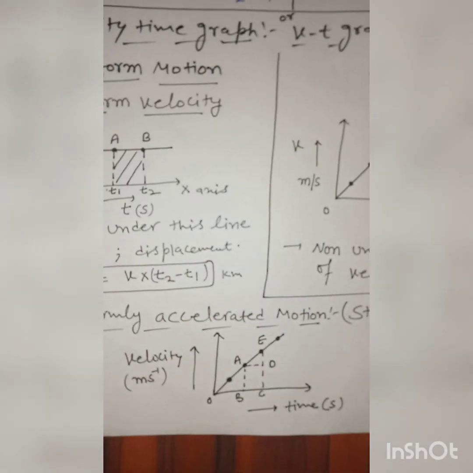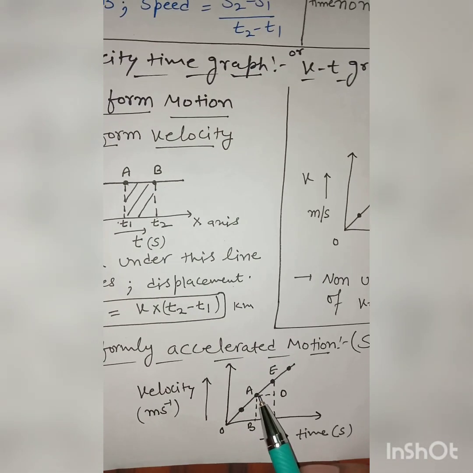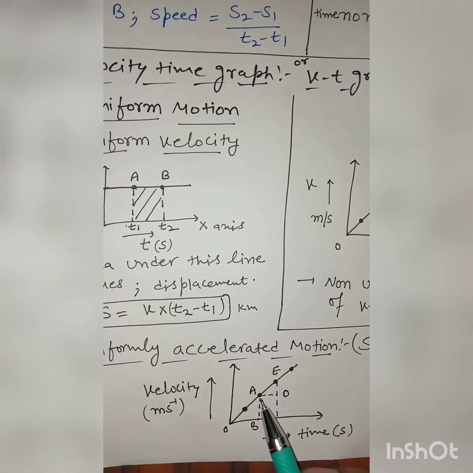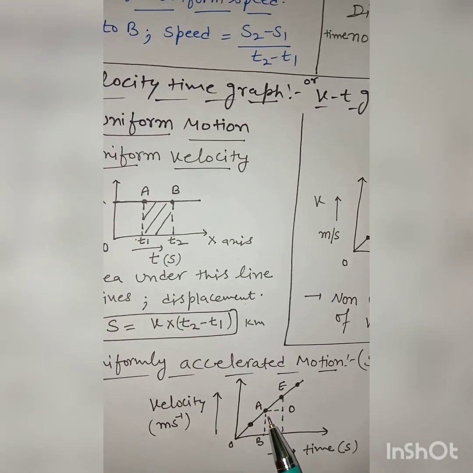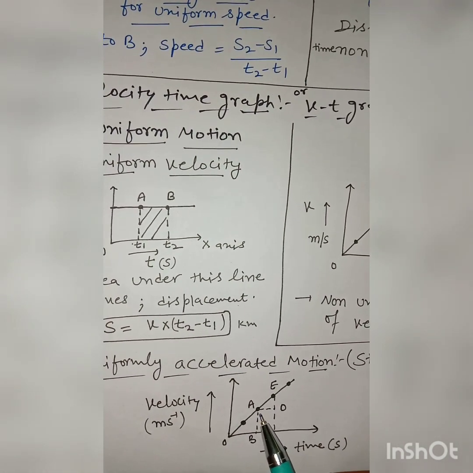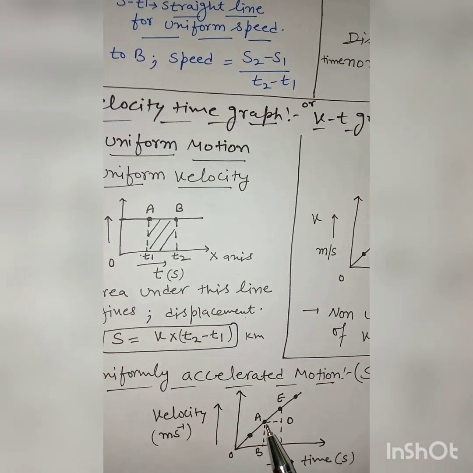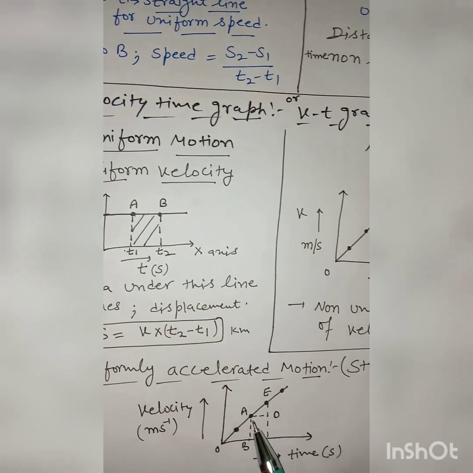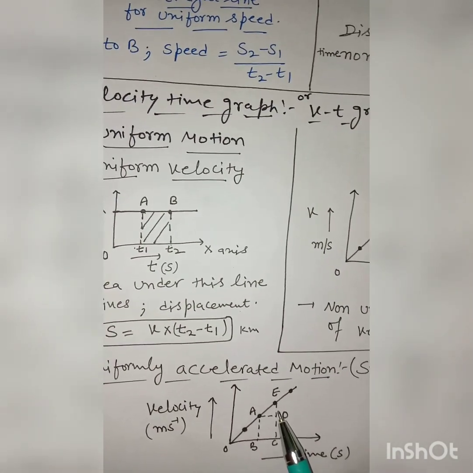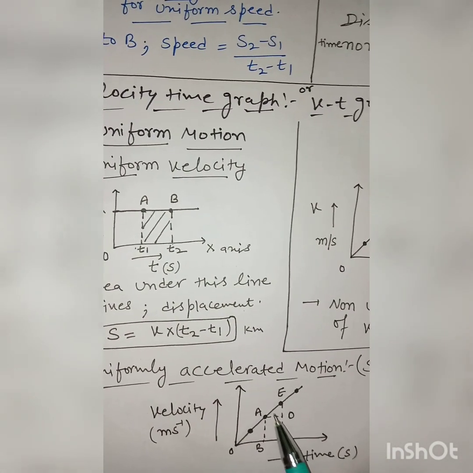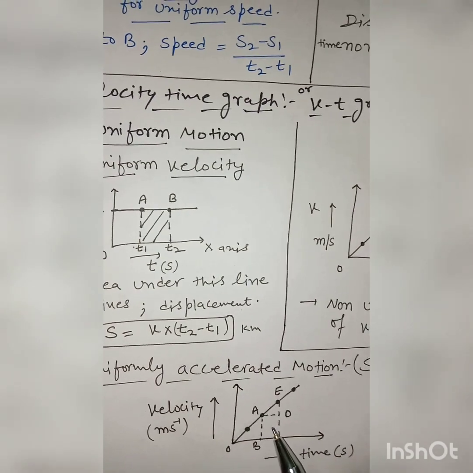As you can see from this, there is one triangle and one rectangle. The triangle is AED and the rectangle is ABCD. So calculate the area of the triangle plus the area of the rectangle.